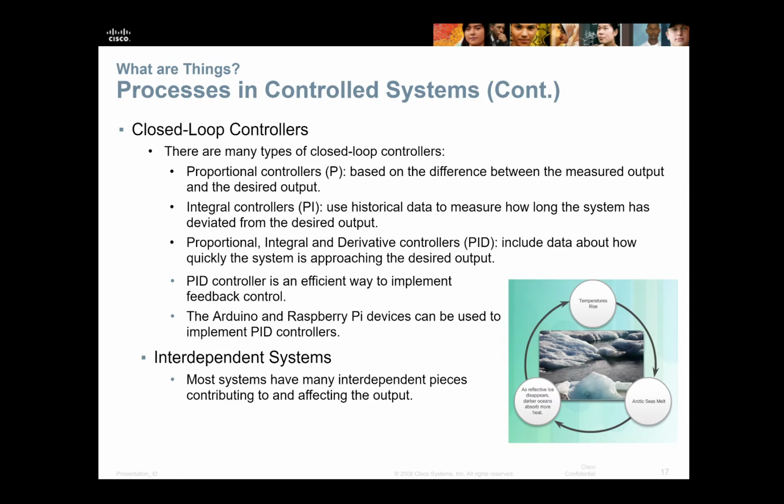Integral controller, actually that acronym there, PI, it's actually a proportional integral controller.